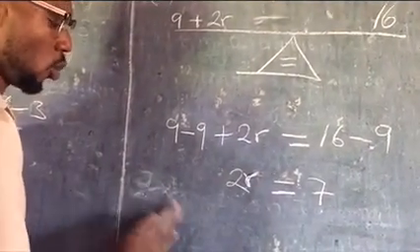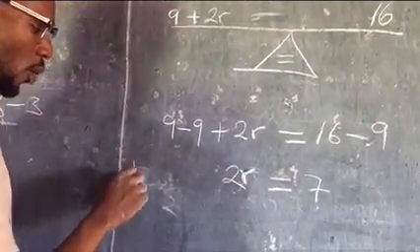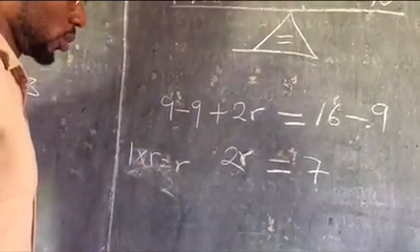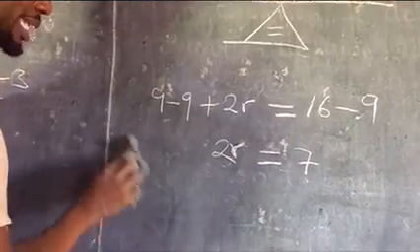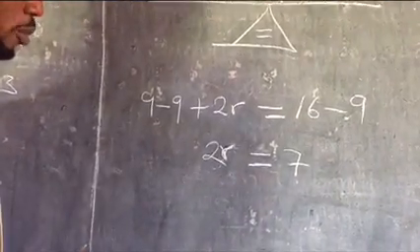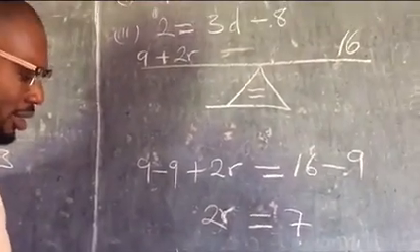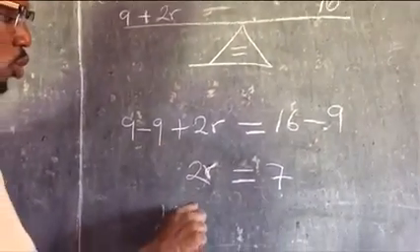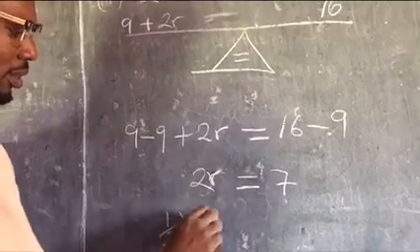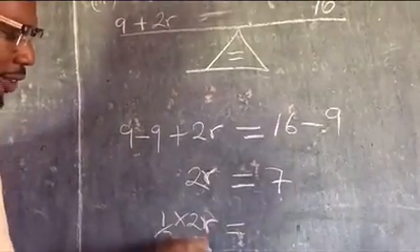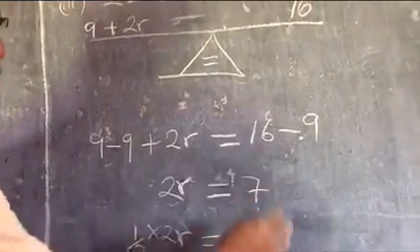Why we want turn 2 into 1? Because if I do 1 times r, it go give me r. R go stand alone. So 1 times any number na the same number. So as it come be like this, I go just do 1 over 2 times 2r, abi? Times 2r. So if I dey do the same, if I do as I do for here, now the same thing I go do for here.